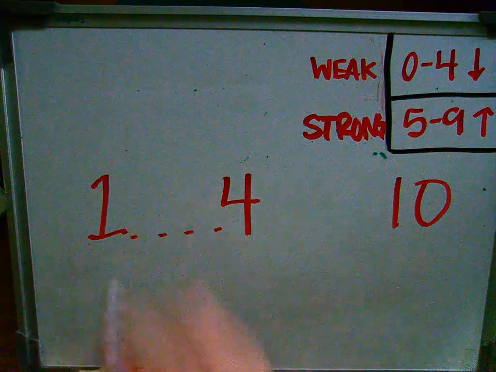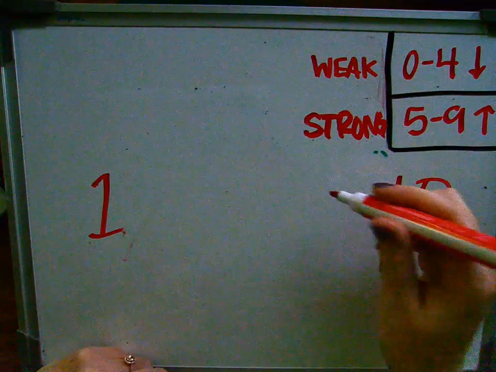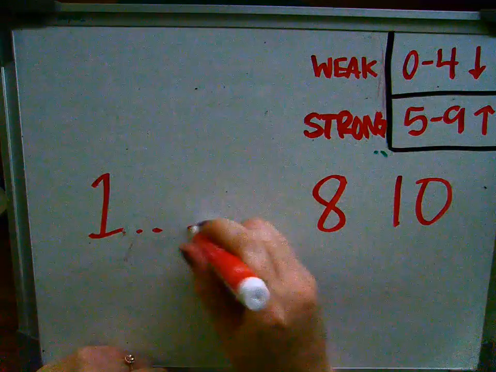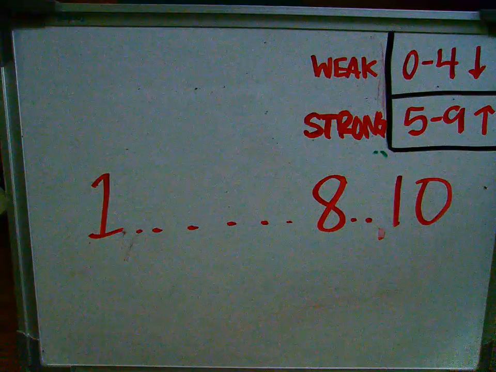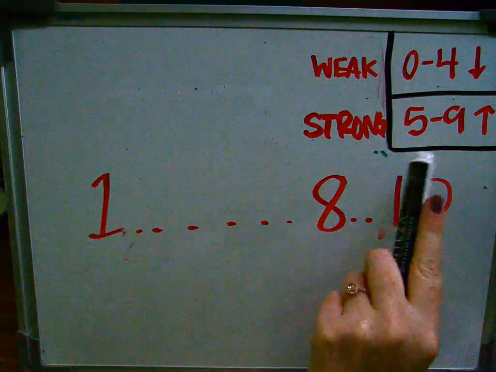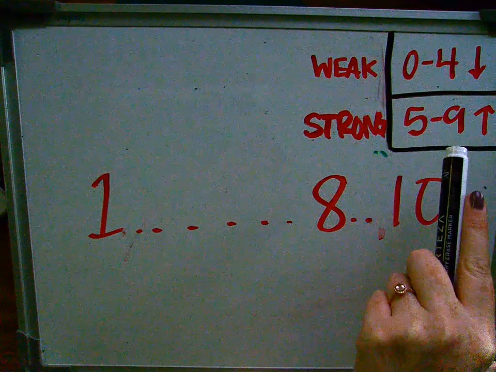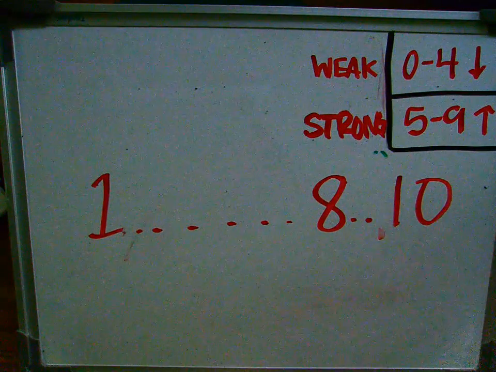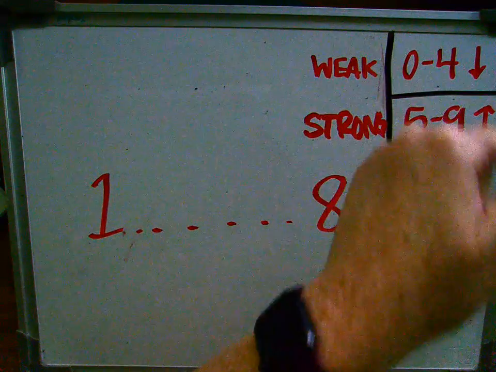You would say closer to 1. However, if I said, is 8 closer to 1 or closer to 10, you would say 10. So you think about it that way. Anything that is 5 to 9 is going to be considered closer to 10, so you'll round up. Anything from 0 to 4 is closer to 1, so you would round down.